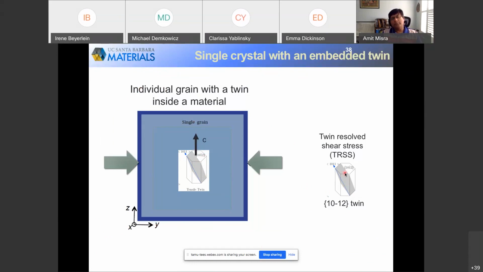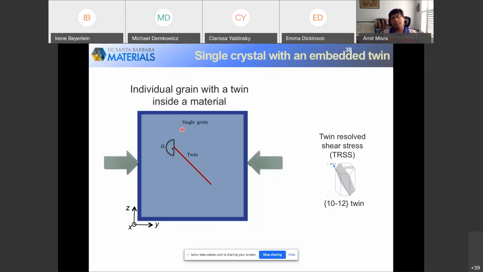So if we were then to put in a twin, we would have this twin domain. It would be terminating with both its tips within the single crystal. It would have the orientation relationship of that twin. It would also have the characteristic shear that we would expect.